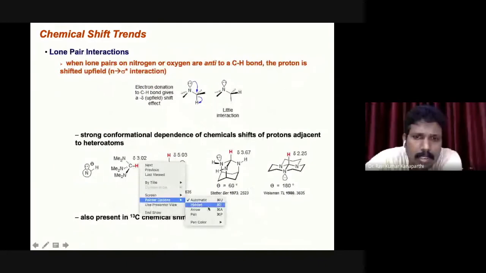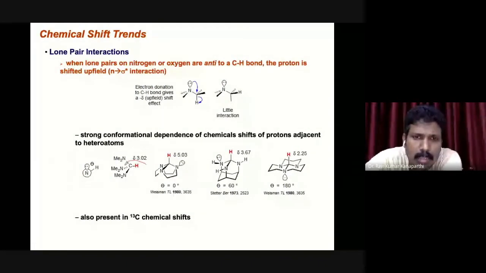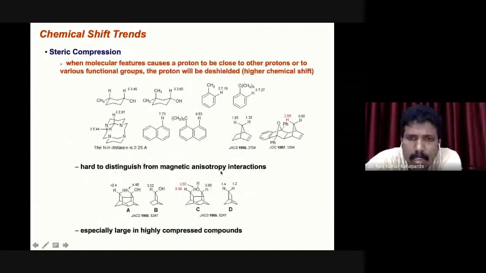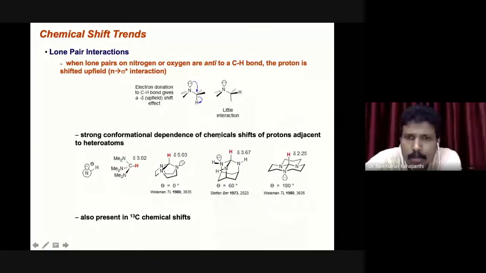So we have different conformers. This is another example where you have a CH and nearby heteroatoms are present. Here you have 1, 2, and 3. So there are 3 nitrogen atoms in this particular conformer.